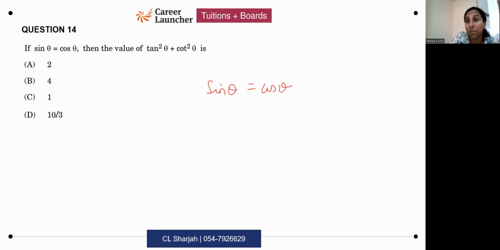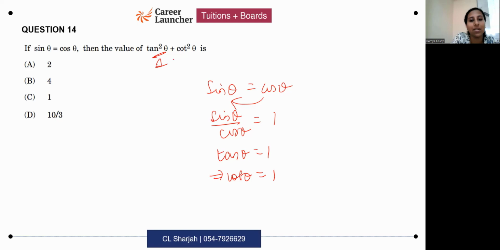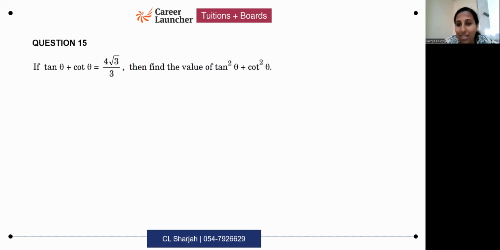Remember, sine theta by cos theta will be equal to what? When I divide, I'll get sine theta by cos theta equals 1. I'm getting tan theta equals 1, which means cot theta is also 1. And tan square theta will be 1, cot square theta will be 1. So answer is 2. Okay?